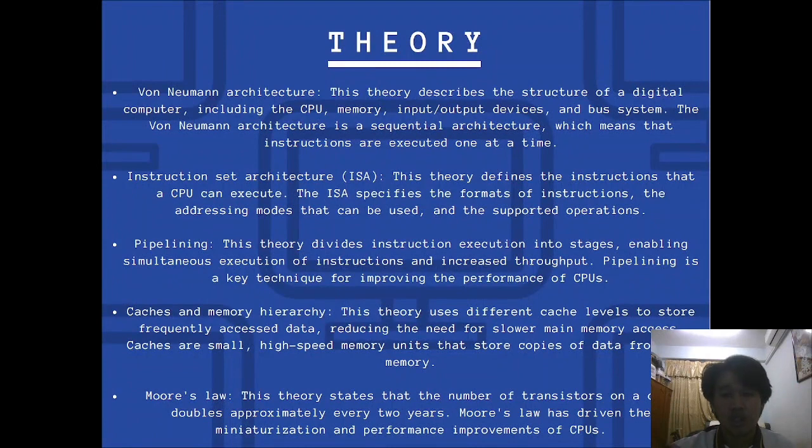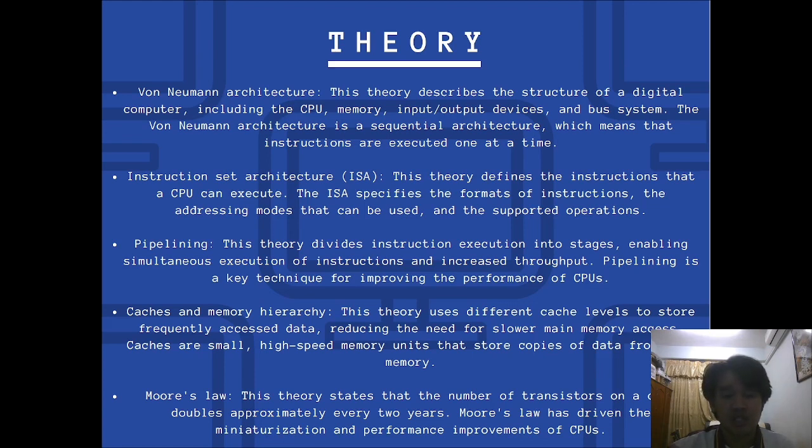Okay, theory of this project. Von Neumann architecture. This theory describes the structure of a digital computer, including the CPU, memory, input-output devices, and bus system. The von Neumann architecture is a sequential architecture, which means that instructions are executed one at a time.